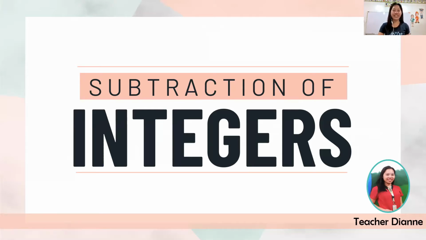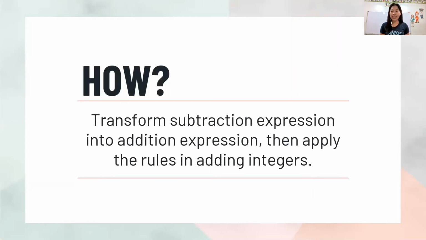Here's how. In subtracting integers, all we have to do is to transform the subtraction expression into an addition expression first, and then apply the rules in adding integers. What are the rules in adding integers? Can you still recall? That's great.